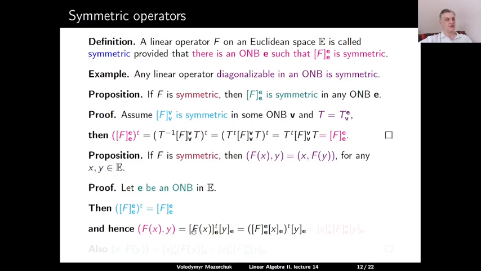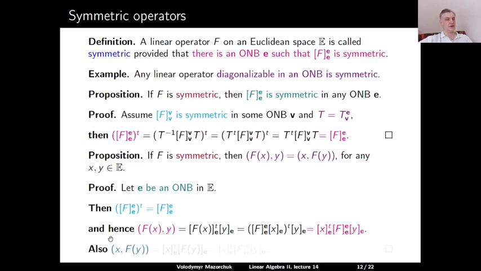The coordinates of f of x can be computed as the matrix of f in our basis times the coordinates of x in our basis. Since we need to transpose, we have to reverse the product. We get the coordinates of x transposed times the matrix of f transposed, but it is symmetric, so we forget the transpose, times the coordinates of y.